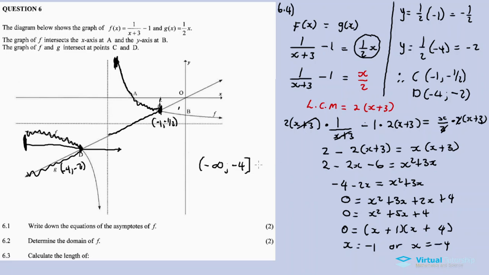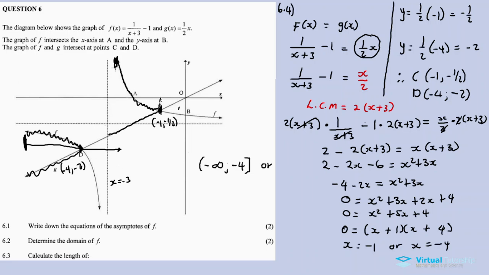And then maybe what can we say again, from here to negative 3, right? Negative 3: the graph wants to go this way but it can never go past x equal to minus 3, which is this vertical asymptote, right? The graph wants to go this way but it can't cross this line, right?